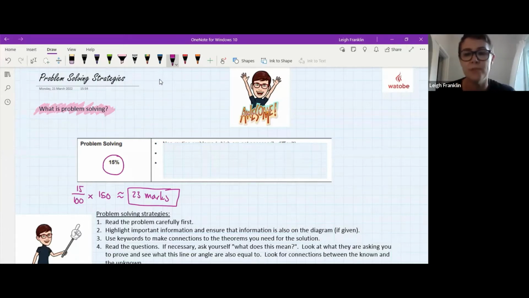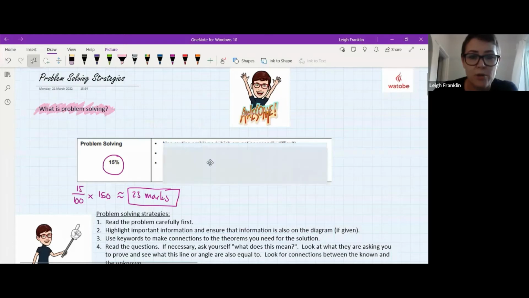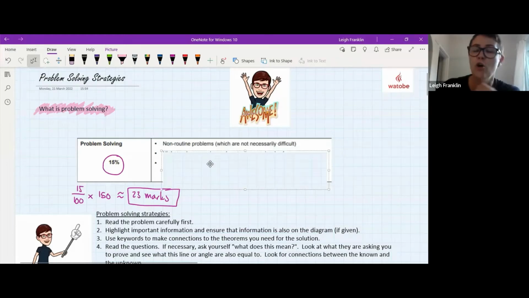So normally the very last question will be a problem solving question, or it could be a question that's on its own that's not related to something else. You will identify a problem solving question because it's generally a non-routine problem. So when we talk about something being non-routine, we talk about it's not the usual kind of question.